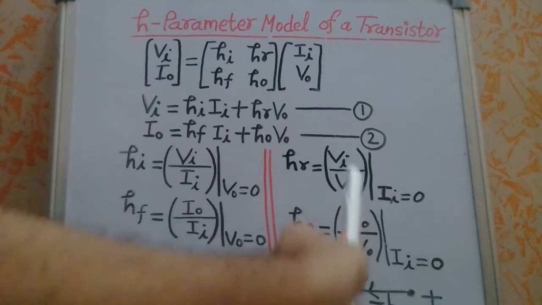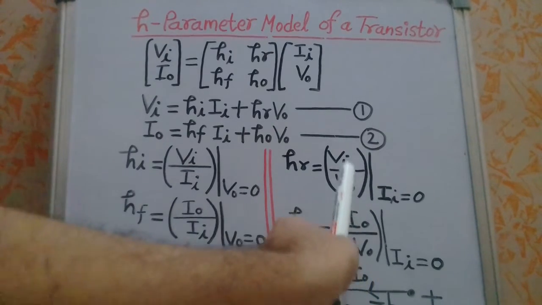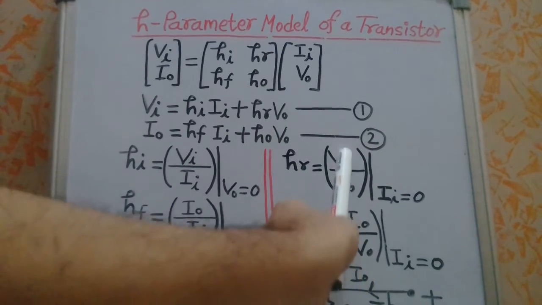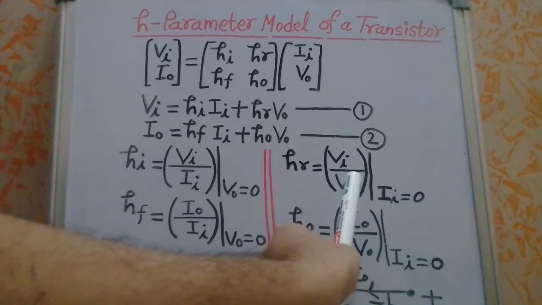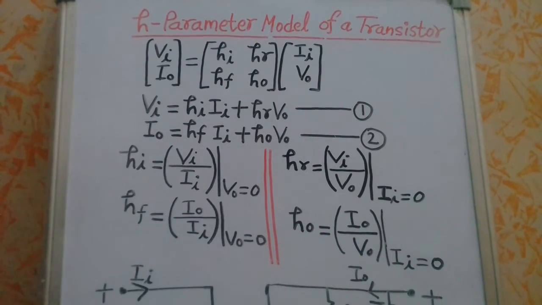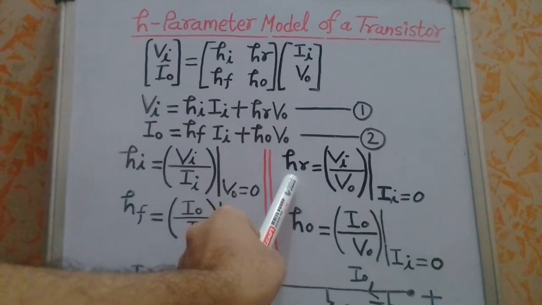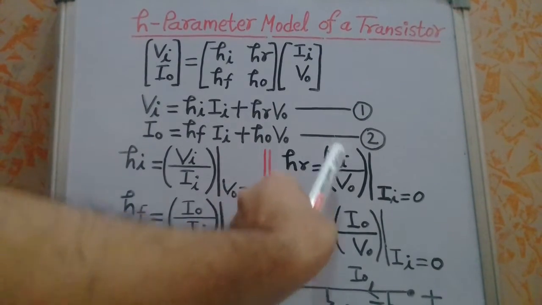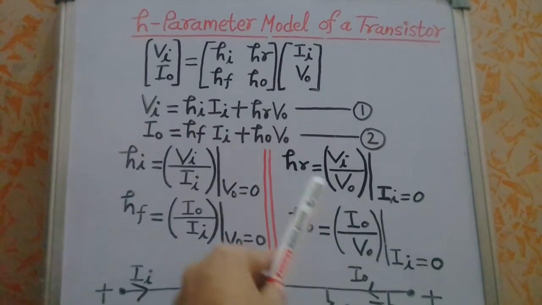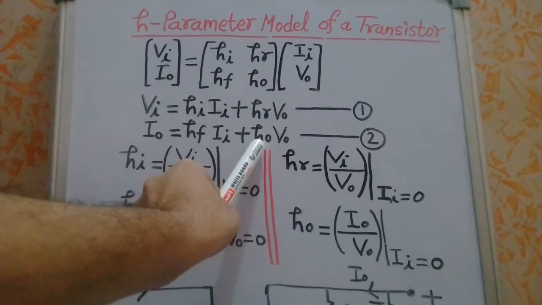Because it is the ratio of VI by VO and not the ratio of VO by VI. So HR is reverse voltage gain.